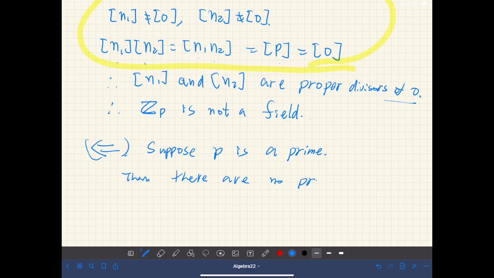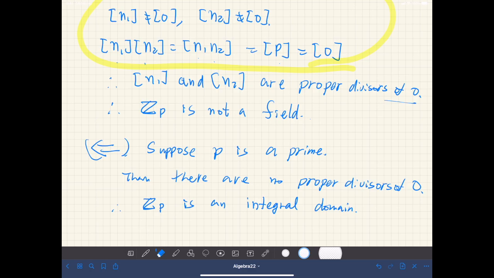Therefore, Z_P is an integral domain. Okay, but this is also finite.